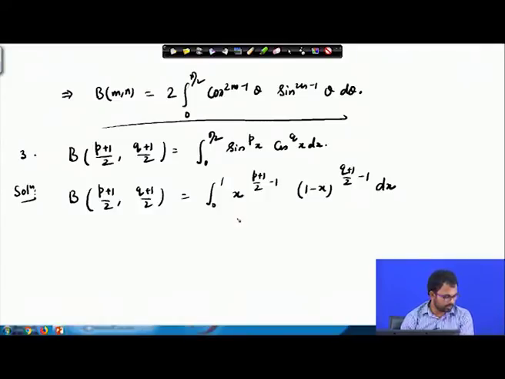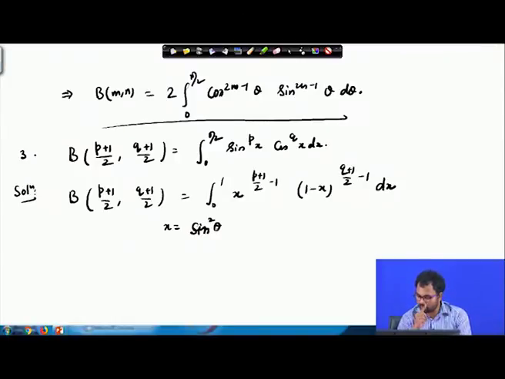So, we have sine to the power p x. So, we substitute x equals, let us say, sine square theta.